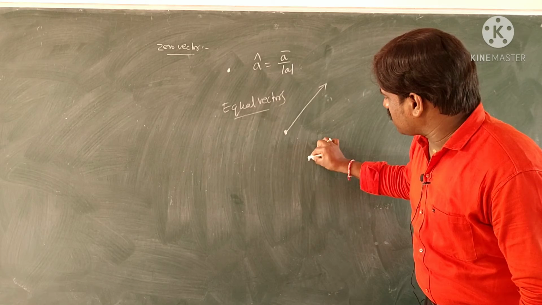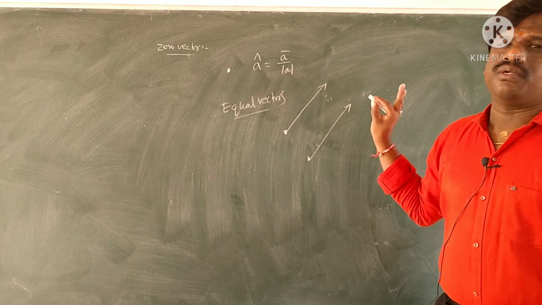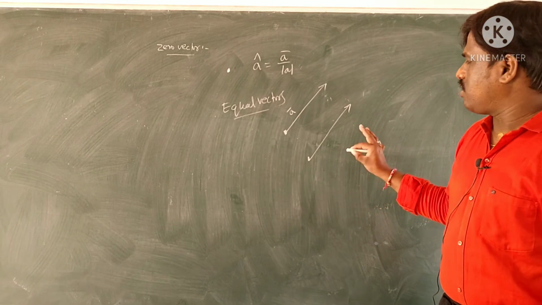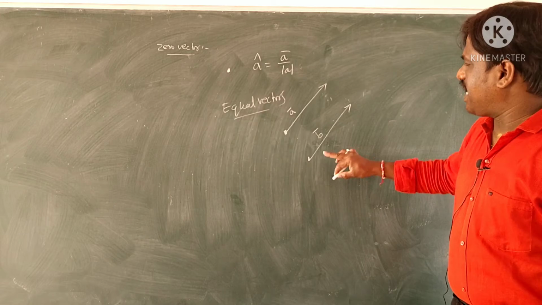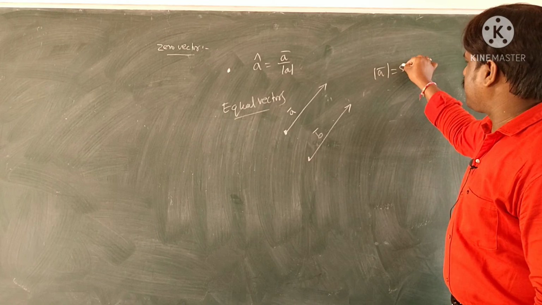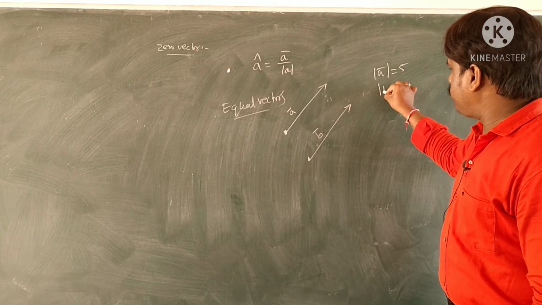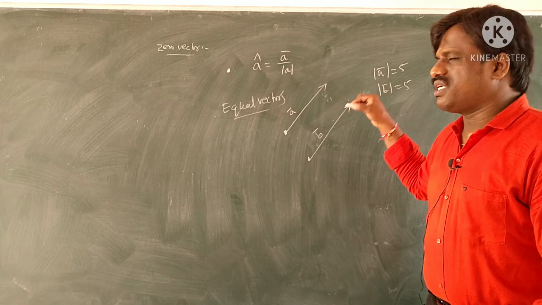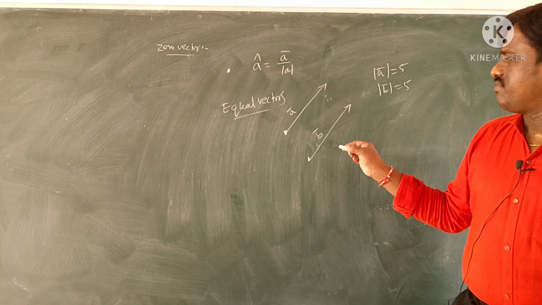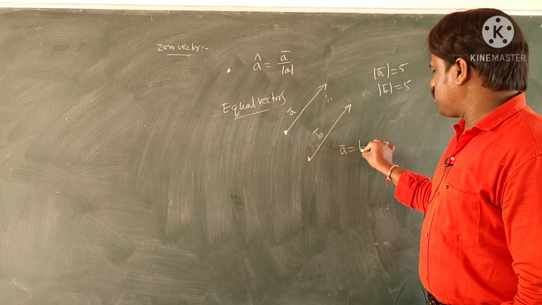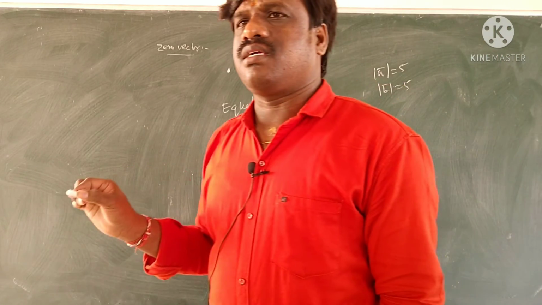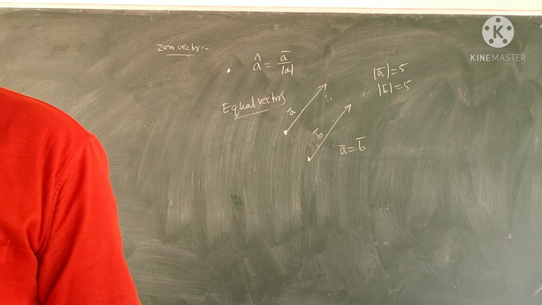This direction and this direction are the same and the magnitude is also the same. Suppose this vector is A and this vector is B. The direction is the same, and the magnitude of A is, suppose, 5 units, and the magnitude of B is also 5. Then those vectors are called equal vectors.